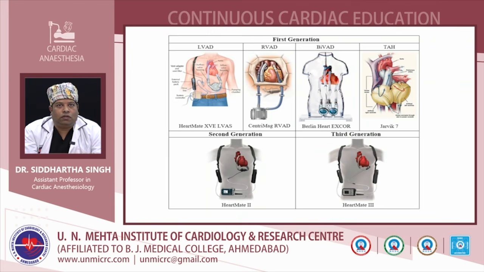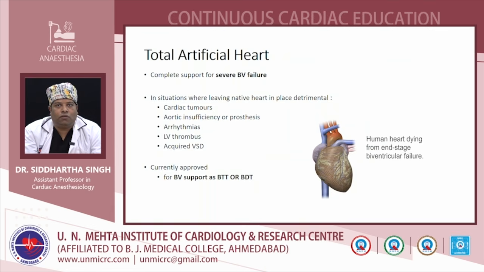The first generation pumps also include CentriMag. Then in the BiVAD category we have Berlin Heart, and as total artificial heart we have Jarvik 7 as first generation. Second generation, as I told, is HeartMate 2, and third generation is HeartMate 3.